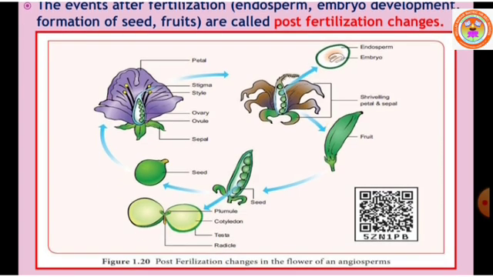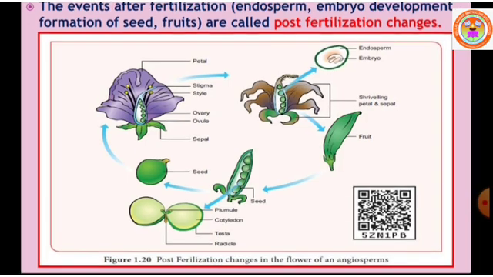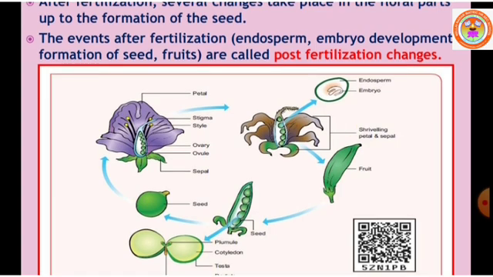The seeds are nothing but ripened ovules, and the seed stores food in it. So the formation of endosperm, embryo development, and formation of seed and fruits are collectively called post-fertilization changes, in which several modifications are observed. Okay, now we will continue.